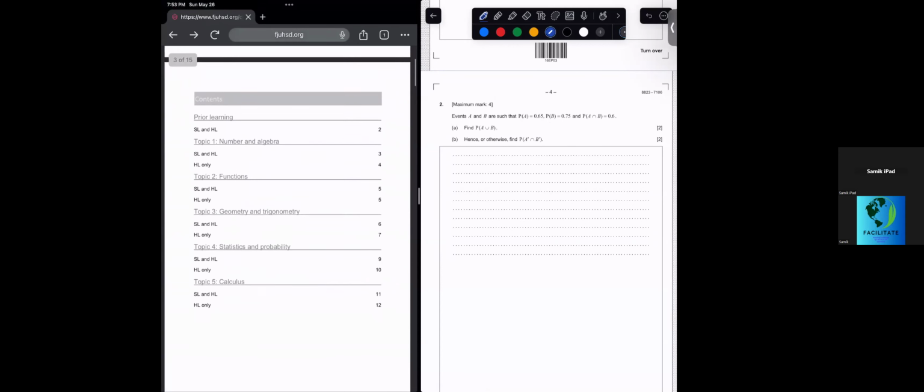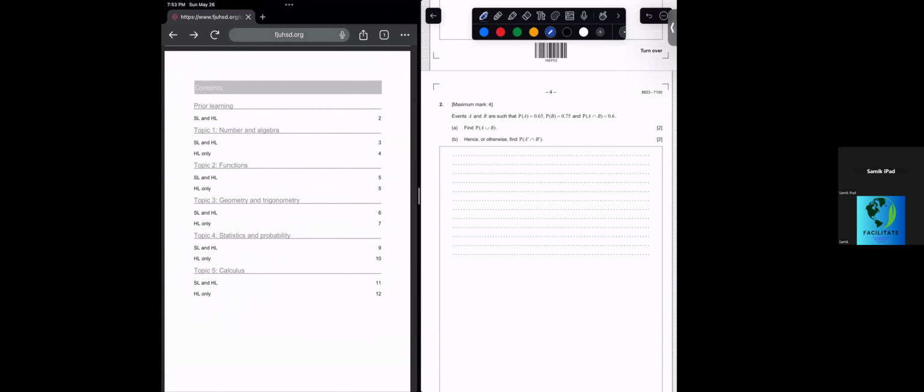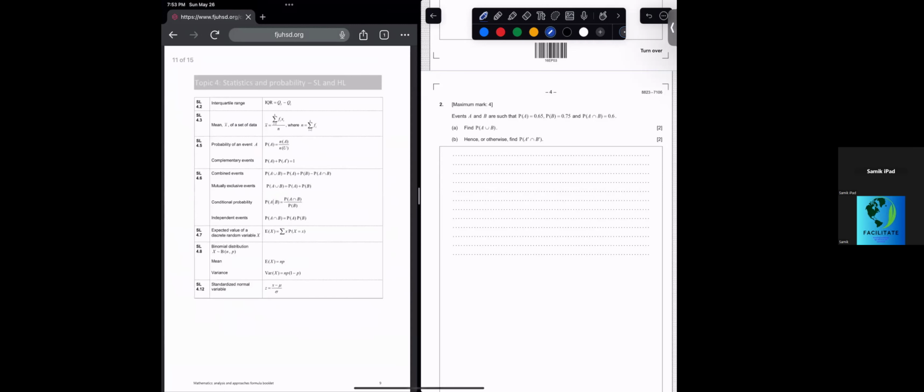So our question is in topic 4, statistics and probability, and click right here. And so you can see question 1 asks us to find P of A union B. So this essentially means that if I draw a Venn diagram to explain this to you guys.